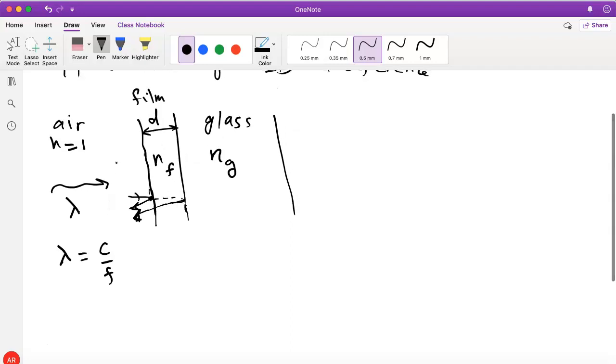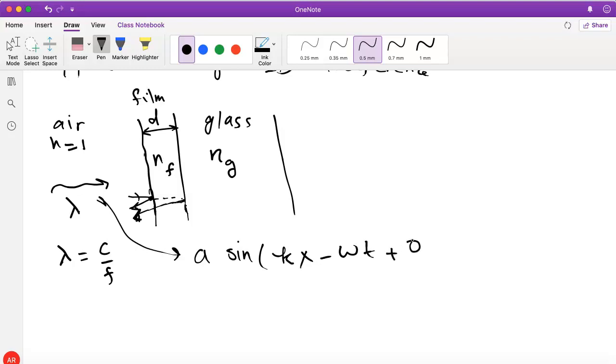So how can we do that? Well, we have to think a little bit about what happens to the phase as you propagate. The key mathematical thing, remember, let's say the incident wave here, we can write it as A sine(kx minus omega t plus some constant).